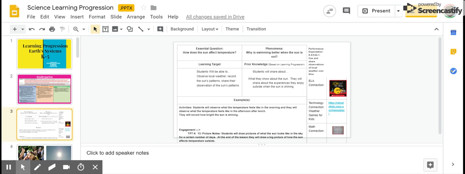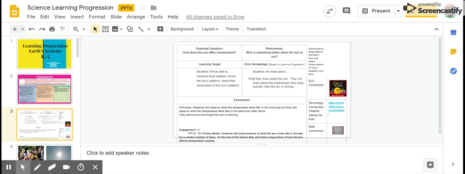We have an ELA connection, a book, and we also have the technology and weather games. There's a climate and weather game that NASA has that really keeps the students engaged. And then a math connection would be to graph those patterns.